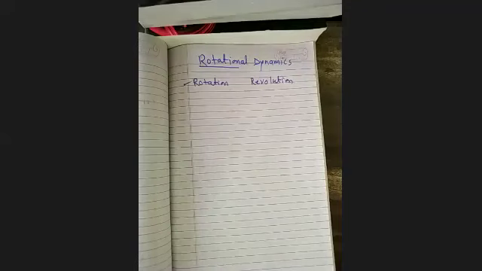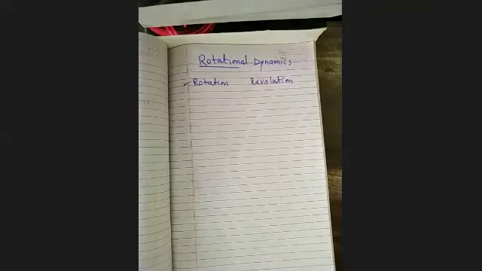So what are examples of revolution? Planets are revolving. That means they are moving around a fixed point. Our joints are rotating. If I move my palm, for example during a warm up before exercise, we rotate our hands. That is nothing but rotation, right?